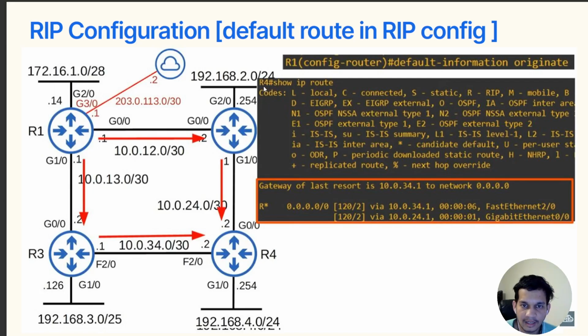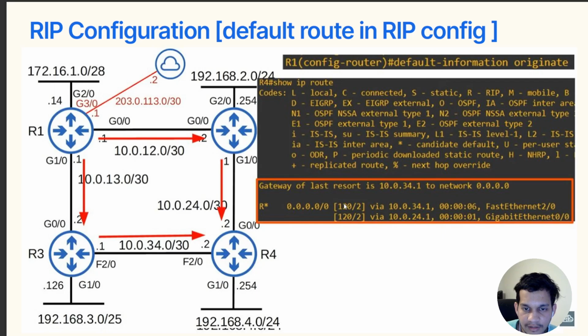Then in the routing table we can see R star. What is R star? R means RIP. So the routing table on router 4 says any default packet you get, just send it to the default network over here. It came to know from 13.1, that is router 3, and 24.1, that is the IP address of router 2. So it has added two routes over here.